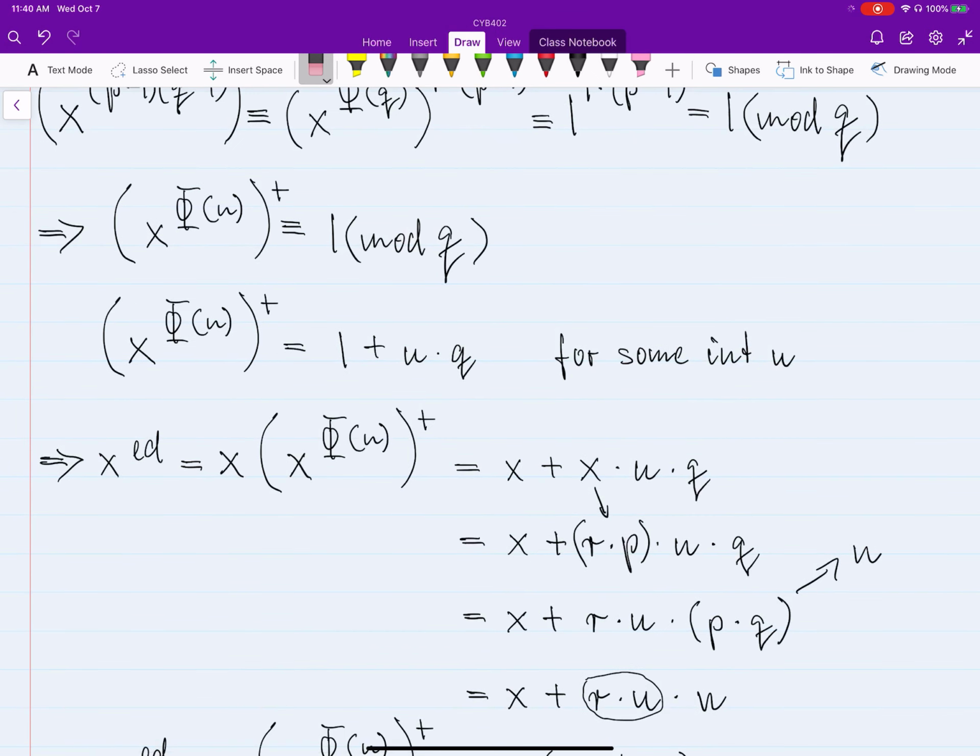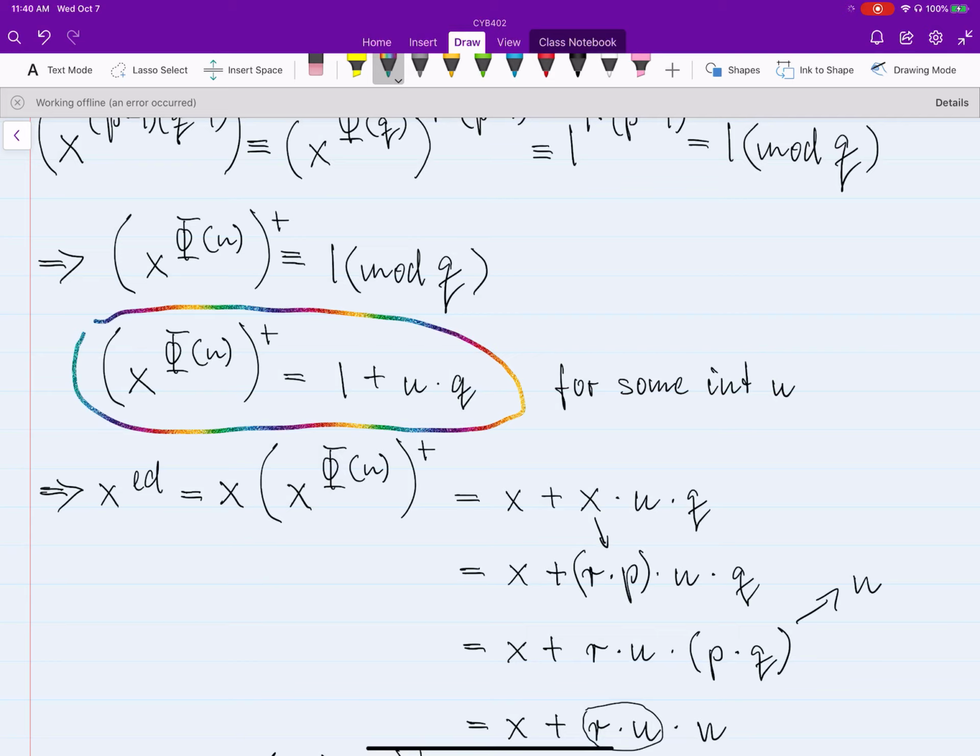So we apply the old trick that we used above here, and we rewrite the mod q into what it actually means mathematically. So it means that the expression on the left, minus 1, is divisible by q. So q goes in there a number of times, which we call u here.